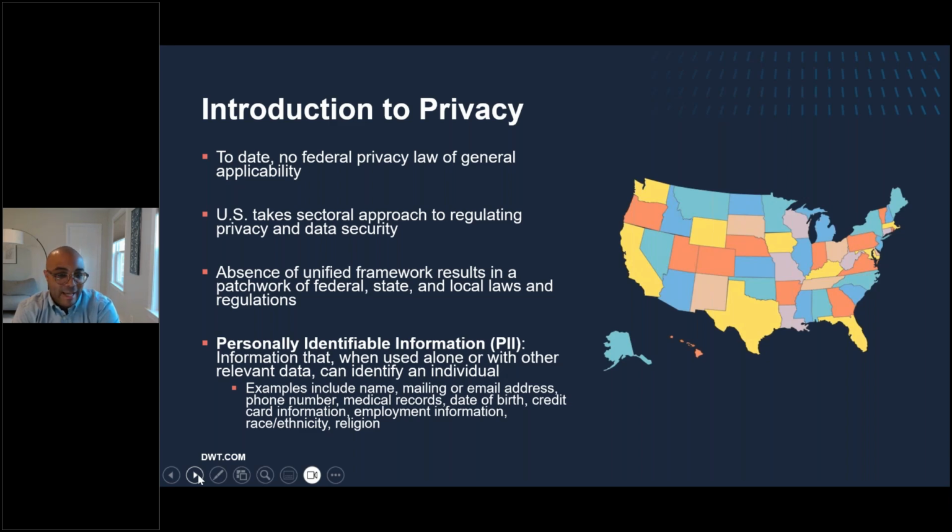Unlike, let's say, the European Union, which has a very robust general privacy regime, to date there has been no federal privacy law of general application, meaning that rather than having a single law intended to attack privacy from a high level of generality, the US has so far taken an approach that centers privacy requirements on a sector by sector basis. We'll get into some of this later on, but there are health privacy laws, laws that pertain to student privacy, laws that pertain to financial privacy, and so it's a little bit of a mishmash.